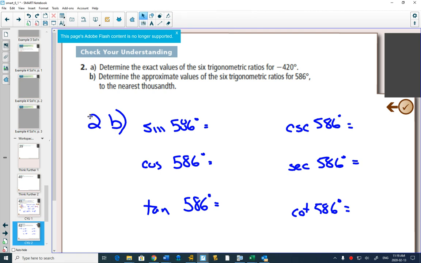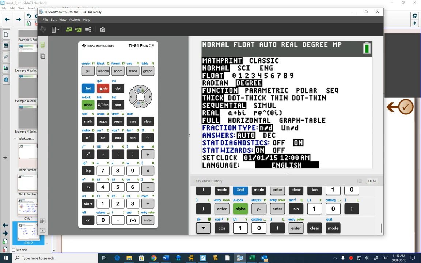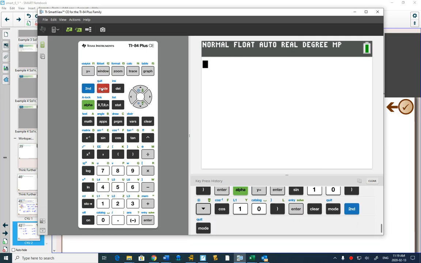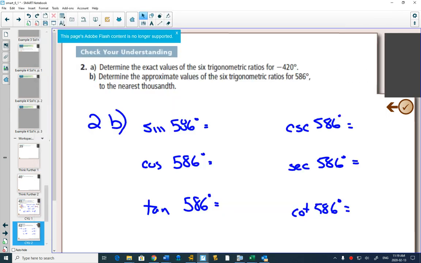We're going to go to our calculator, and we're going to make sure, on mine I hit the mode button, that it's in degrees. Check on your scientific calculator how to switch to make sure that it's in degrees. And then we go sine of 586 degrees, push enter, and it's negative 0.719.